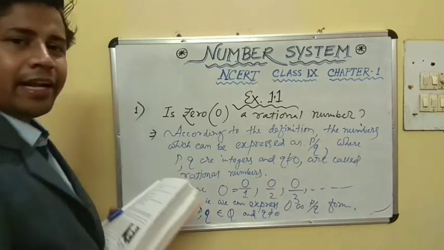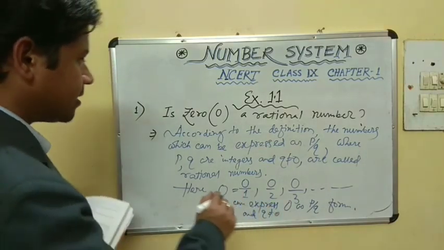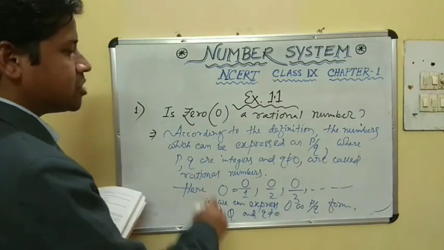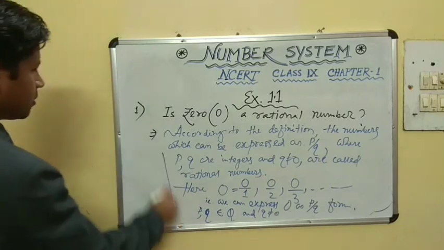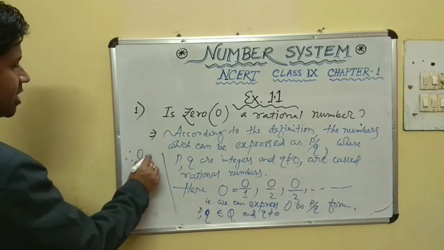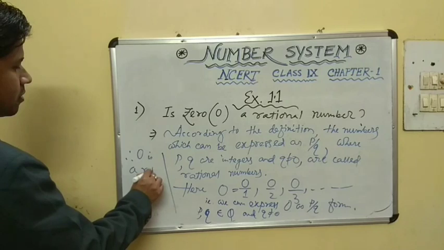So at the end of the conclusion we have to write that, therefore 0 is a rational number.